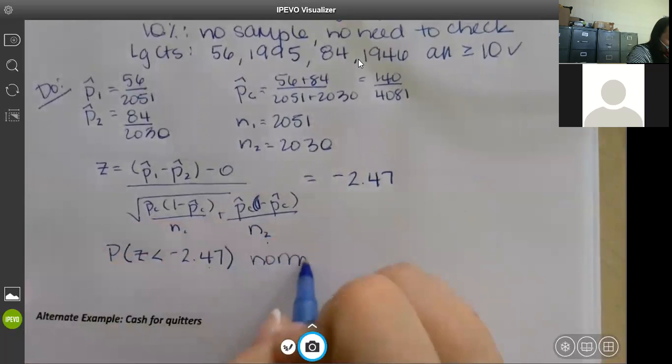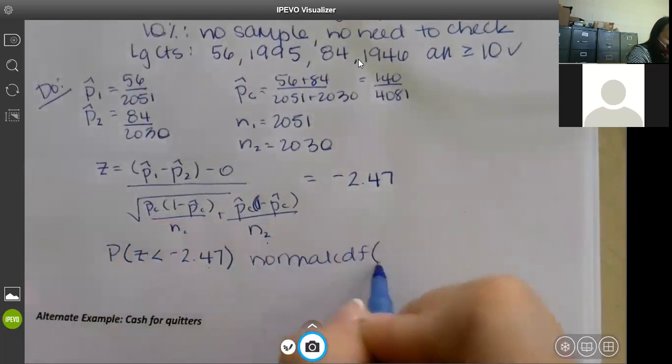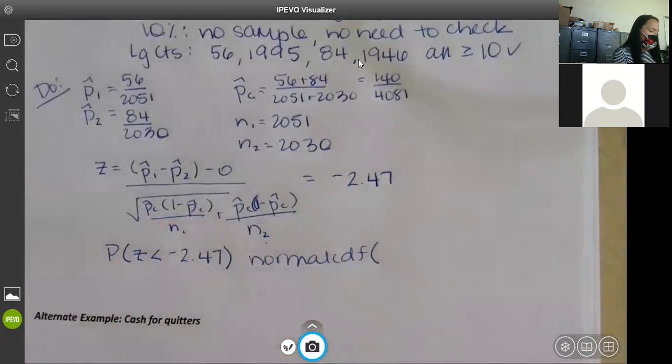Then we do normal CDF. What is my lower? What's my upper? And then 0 and 1.